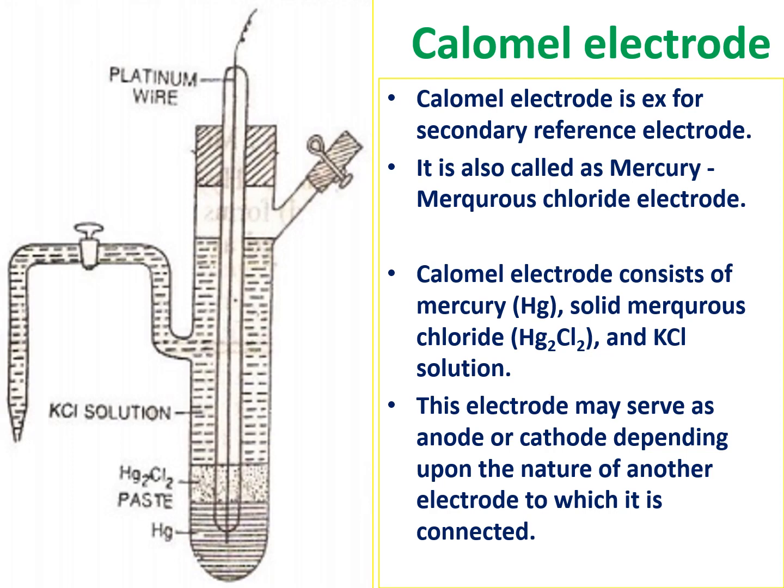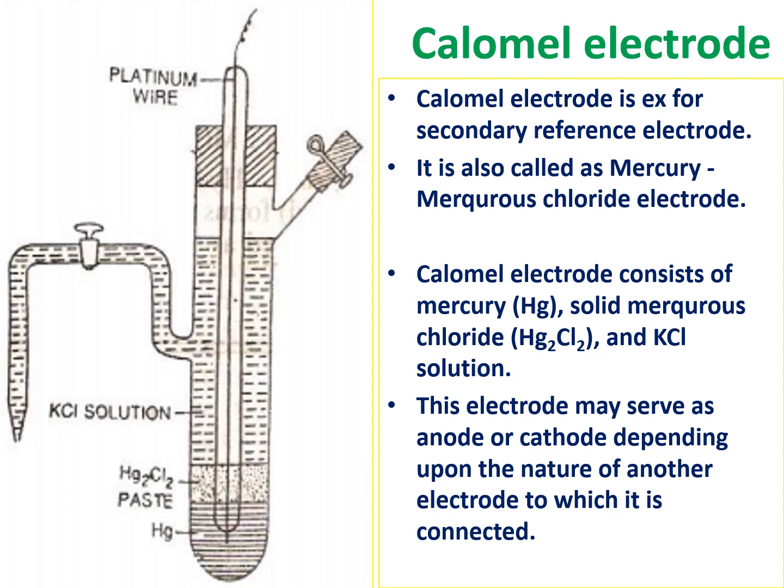We always need to maintain the H plus ion concentration at 1 molar and the H2 gas pressure at 1 bar. It is a little bit difficult to maintain this throughout the examination. That's why a simple and practically used calomel electrode was introduced for better calculation.